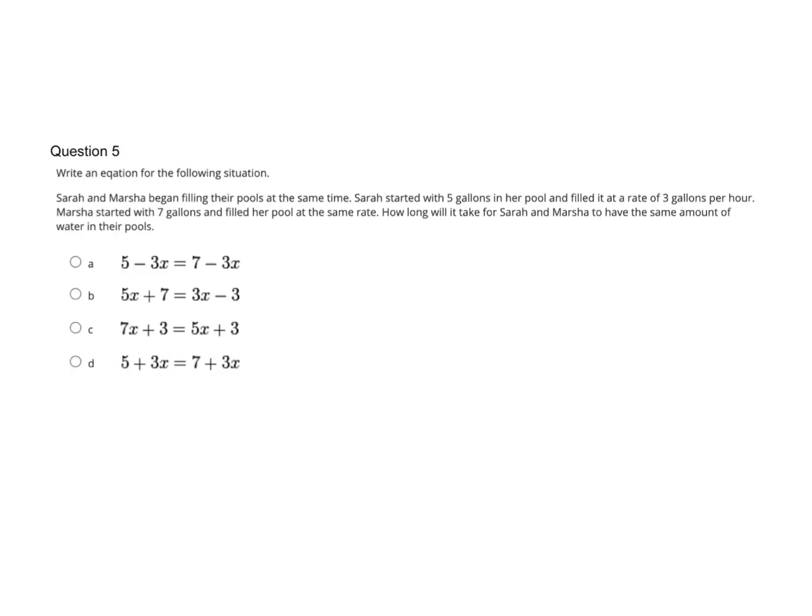For question 5, we're trying to answer the question of how long it will take for Sarah and Marcia to have the same amount of water in their pools. We're going to start by finding the different pieces of information for Sarah and Marcia and then set them equal to each other. Sarah starts with 5 gallons in her pool, so that is her b value, and she's filling it at a rate of 3 gallons per hour.